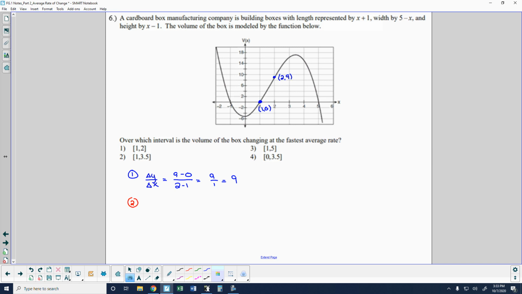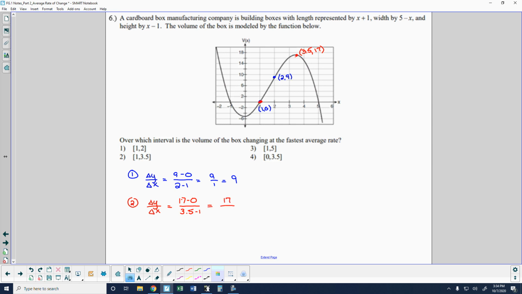Let's find the average rate of change for the second interval. So we're still using this point (1, 0) here, but now we're going to go to 3.5, and let's approximate this a little bit. Let's say that right there is about 3.5. So this is (3.5, 17). So now if I want the average rate of change for this, I need change in y over change in x, which would be 17 minus 0 over 3.5 minus 1.